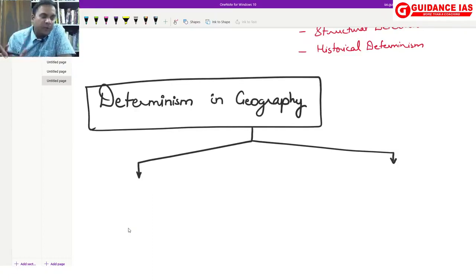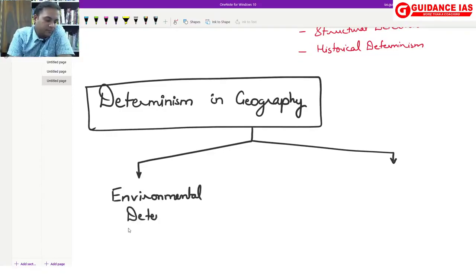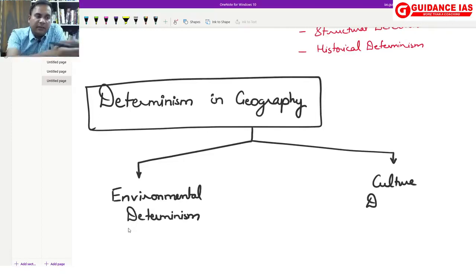The most famous way in which it has been used is as environmental determinism. On the other hand, it has also been used in the other sense, where I am just writing culture. Culture is a very big term, so you should understand that everything I wrote there was part of cultural determinism.